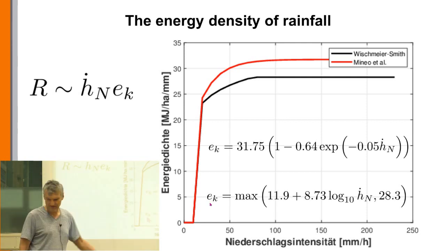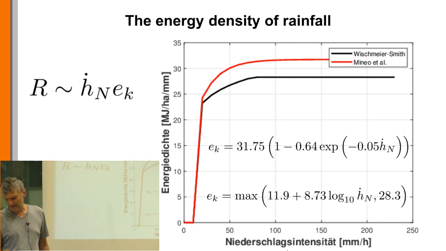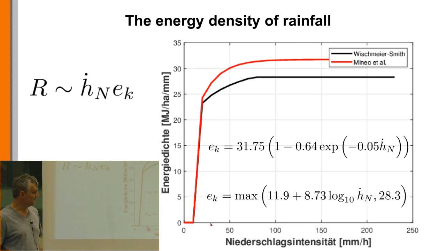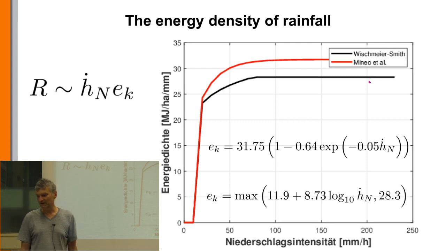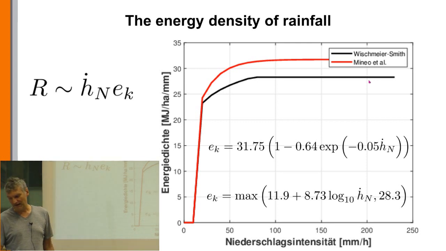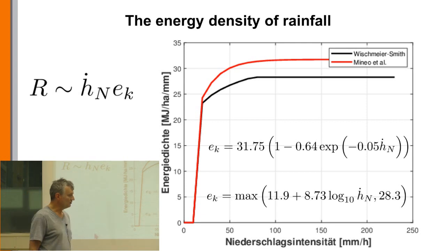Here the x-axis is the rainfall intensity in millimeter per hour, and the energy density is this curve according to Wischmeier and Smith, the black curve, and there are a lot of other approaches. The red curve is an approach according to Mineo.